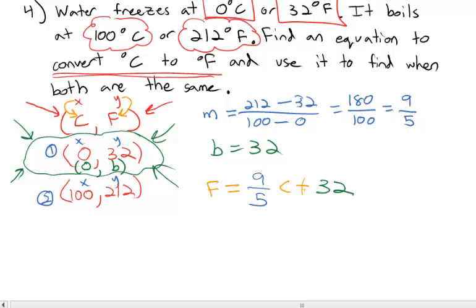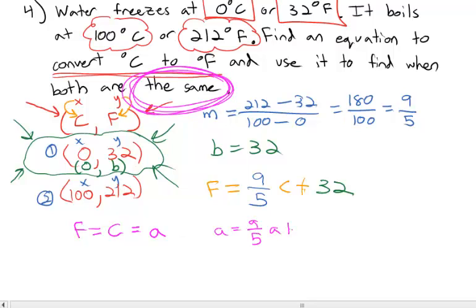The question wants to know, when are they the same? So what I'm going to do is use the same variable for both of them to see what that same value is equal to. So we're going to say F and C are equal to each other, and we're going to use the letter A to represent that value. So A equals 9/5 A plus 32.